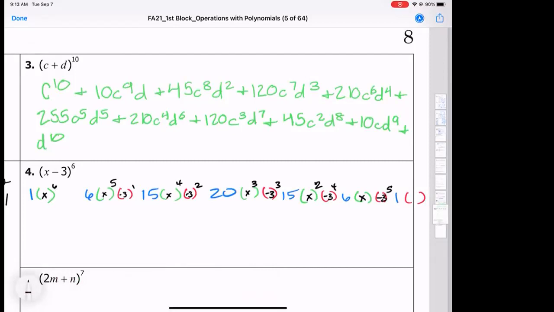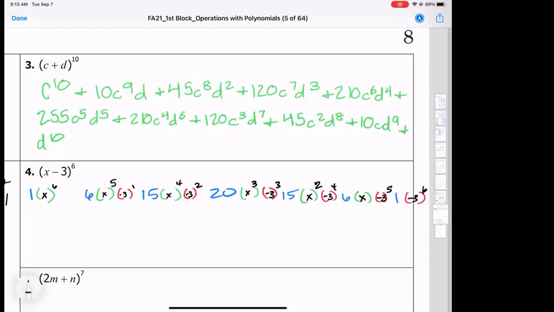And then your x drops out because it's x to the 0, and you've got -3 to the 6th power. Why does it matter? Because when you raise a negative number to an even exponent, it is positive. When you raise a negative number to an odd exponent, it is negative.